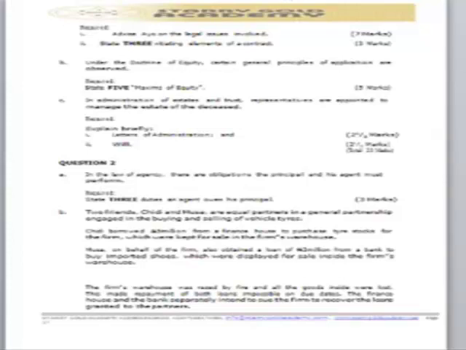Under the principle of mistake, we have common mistake, mutual mistake, and at the same time we have unilateral mistake. A unilateral mistake is where one of the parties to a contract is the one making the mistake. The other party, the second party, is not making a mistake, but is trying to benefit from the mistake of the first party.